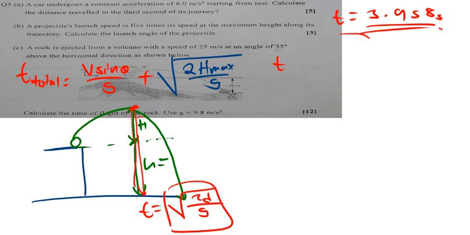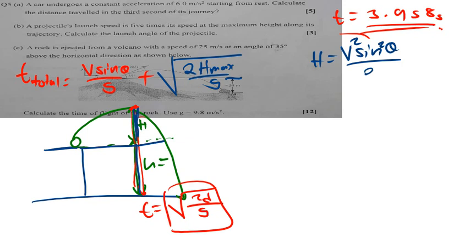Now we need to find the h max. We know the height from that point all the way down, which is 20. But we don't know this height. To find that height now, we'll go back to projectile, where we say the h is given by v sine theta, it is v squared, then this one now squared, then we divide it by 2g.